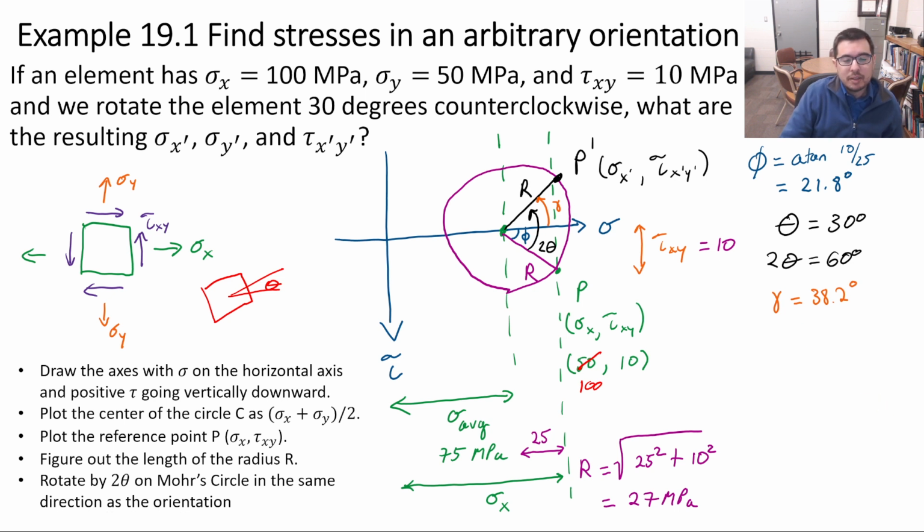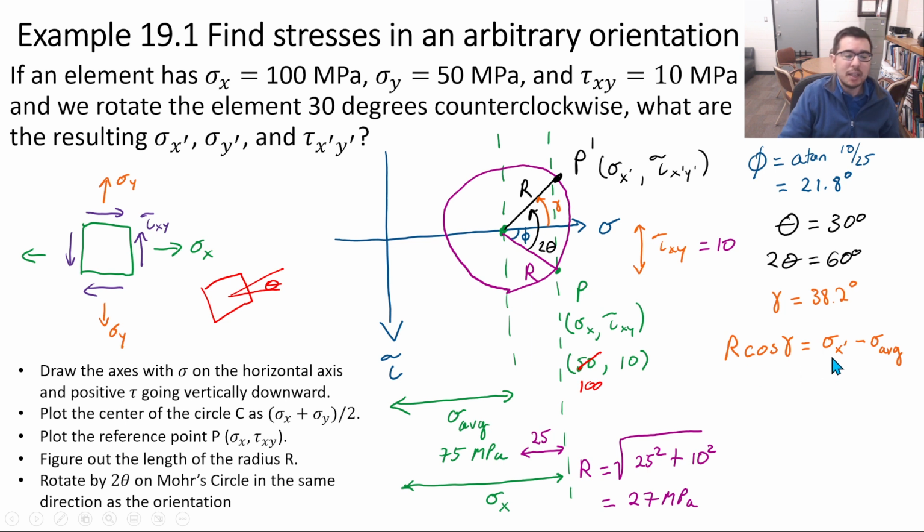We can then use this information with the radius, which we already have. So we have our, sorry, not alpha, gamma. We have our gamma, and we have our radius.